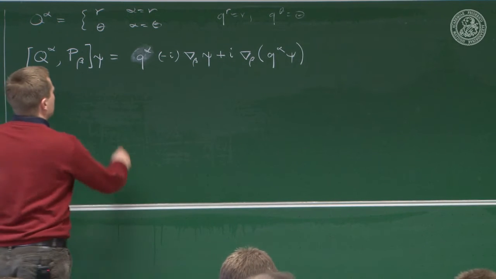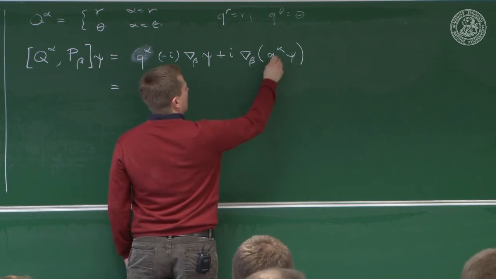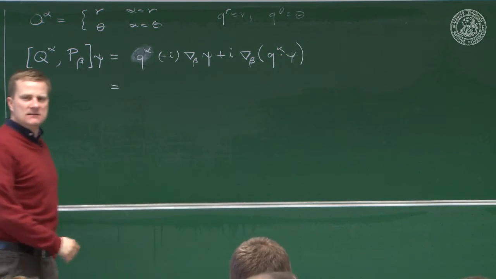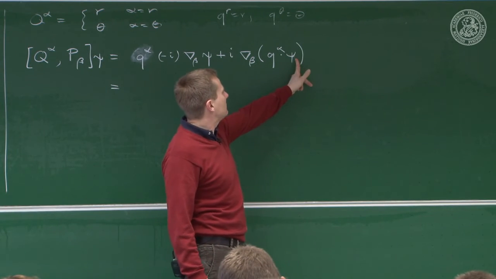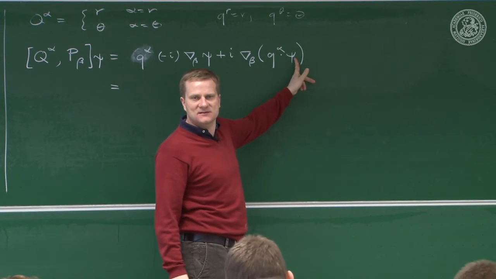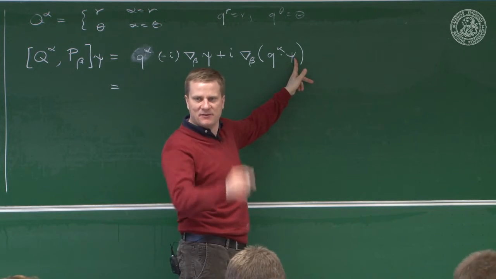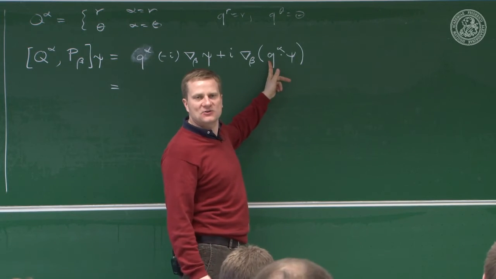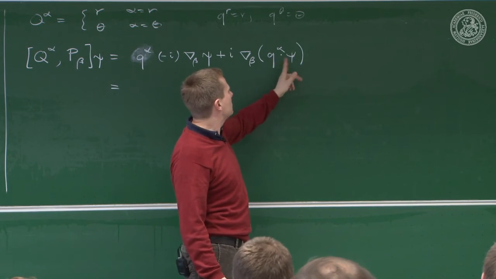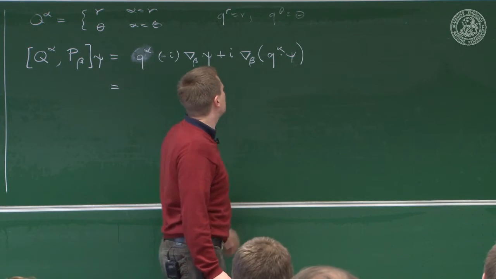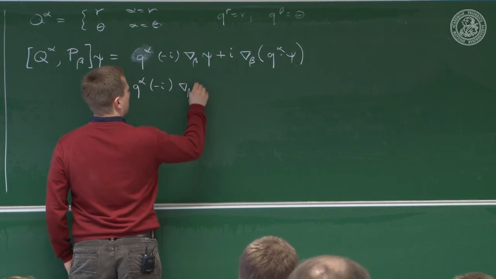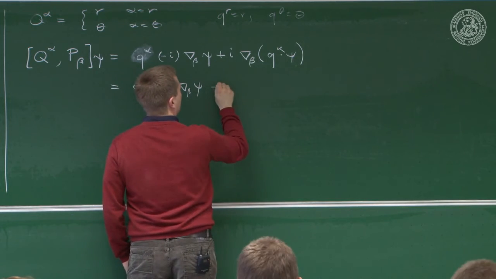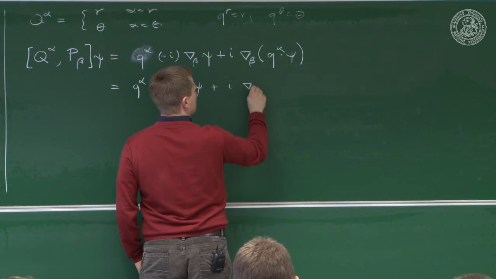Okay? So now the question is, what happens here? Well, this is a tensor product, but careful. This is, well, if you want, a vector, because its values are in the bundle, in the fiber, right? But this is a function. And that's the point. Nevertheless, that doesn't free us from the Leibniz rule. So minus i del beta psi plus i. Now let's write it down. It's the Leibniz rule.